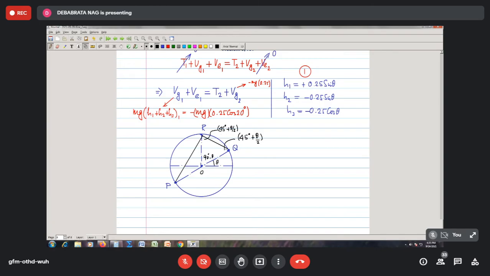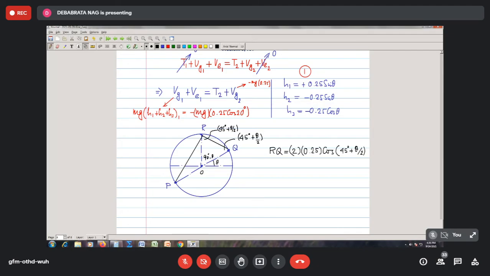So now OQ is known and OR is known. I just apply the cosine rule to this and can say that RQ, the length of one spring element, will be equal to 2 into 0.25 into cos of 45 degree plus theta by 2.